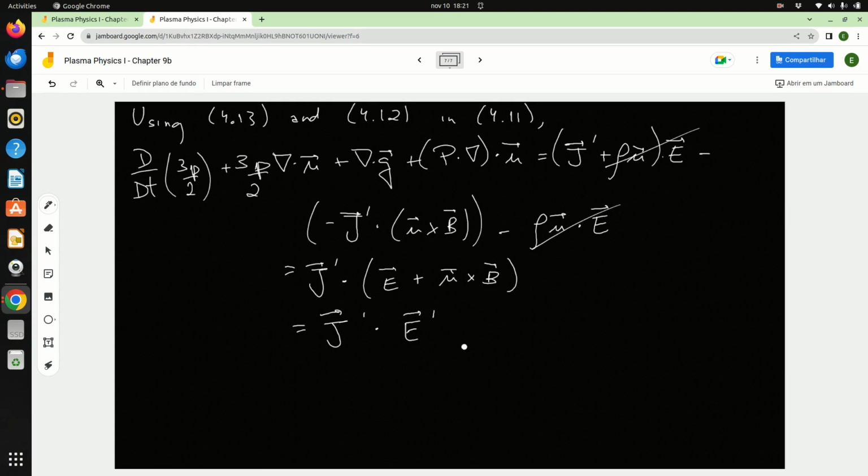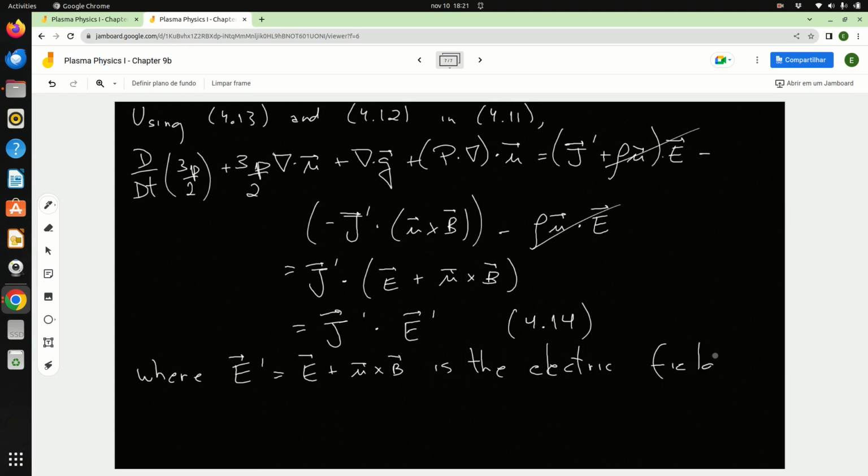I'm calling this E prime, okay? 4.14, where E prime equal to E plus u cross B is the electric field in a frame moving with velocity v.